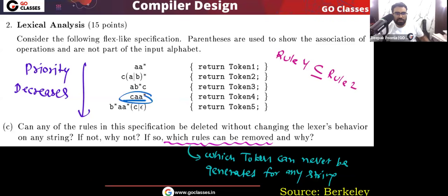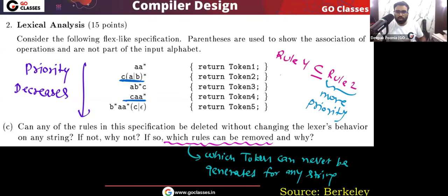Any string that can match rule 4, that will also match rule 2. And rule 2 has more priority. Okay, yes or no? Understand the concept. This rule 2 has more priority.